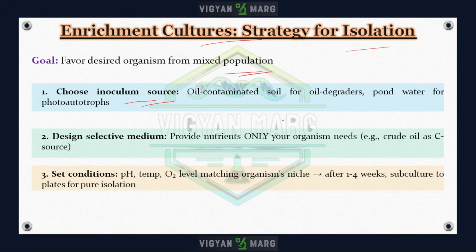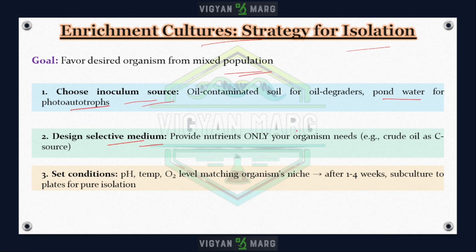For example, if you want oil degrading bacteria, you take oil contaminated soil. Okay, and if you want phototrophs, you use pond water exposed to light. These are the examples, and you have to design the selective media.